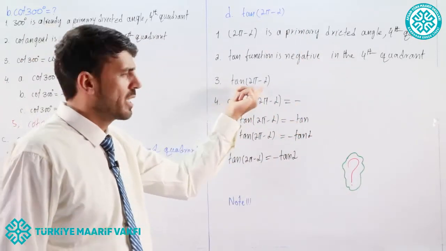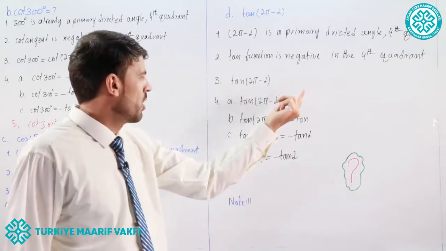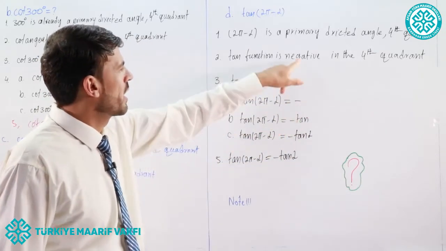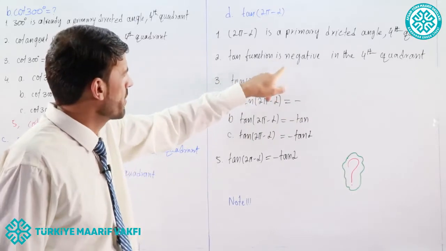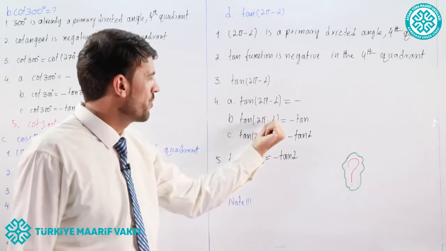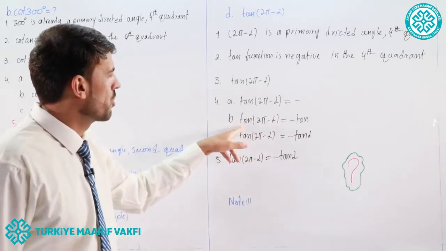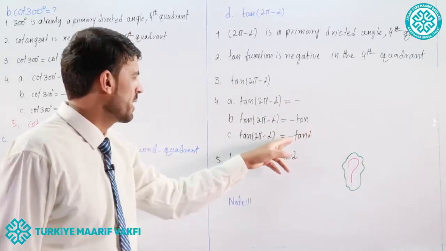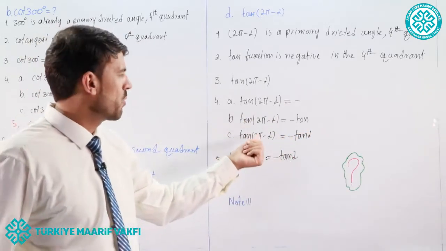And we have written this as a difference of two angles, and we have used the sign from the second step, and 2 pi is an even multiple of pi over 2. So we cannot change function to its cofunction.